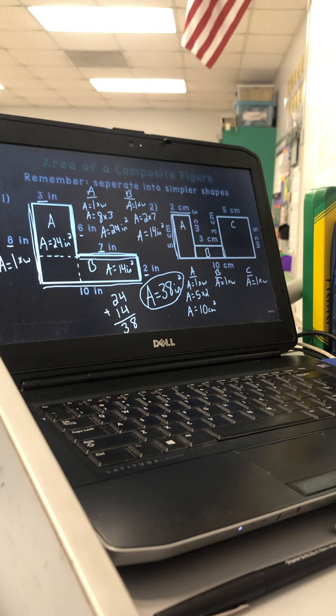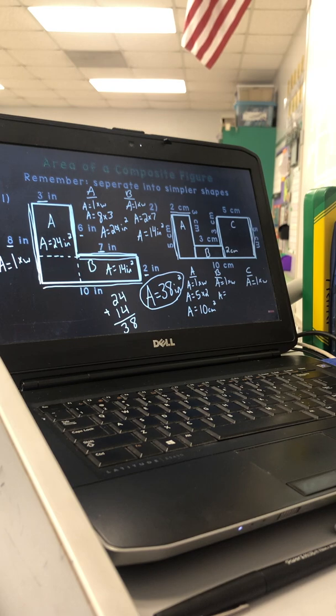We don't have a measurement there, so we're going to need to figure it out. We know the whole shape is 5 centimeters, right? So if we have this 3, what's this going to have to be in order to get us to that 5 centimeters? Well, it's going to have to be 2 centimeters.